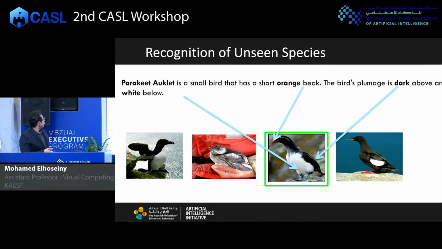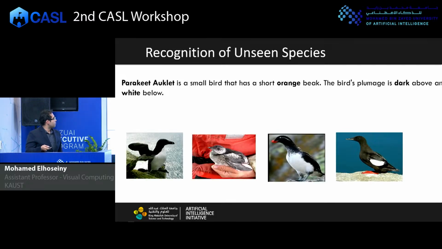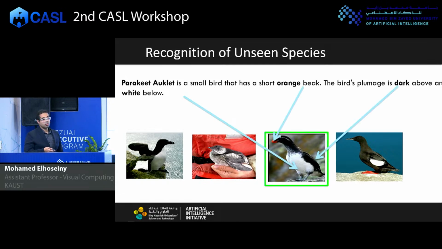So even if most of us don't know what this bird is, if we describe it in language, Barkidocrit is a small bird that has an orange beak and the plumage is dark above and white below, we start to imagine how this bird may look. And if we encounter that species in real life, it's an easy task for us to detect or tell that this is probably the one that we're talking about.